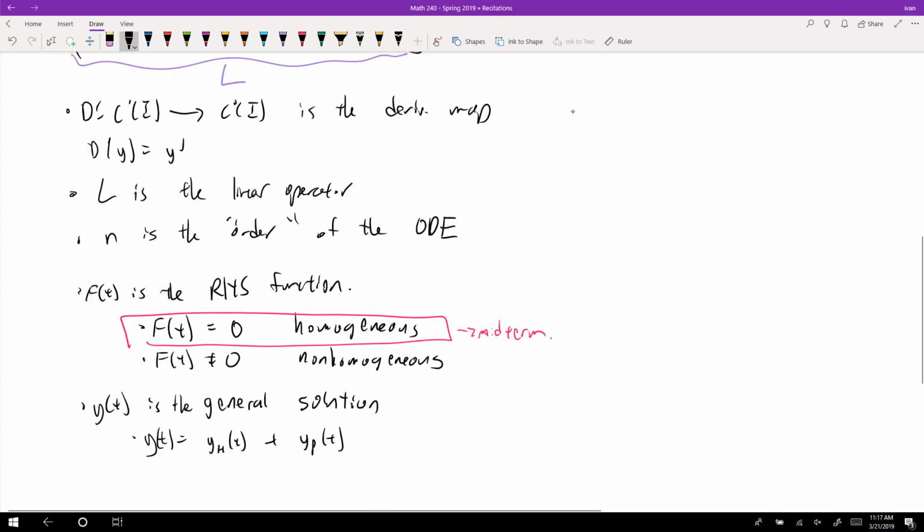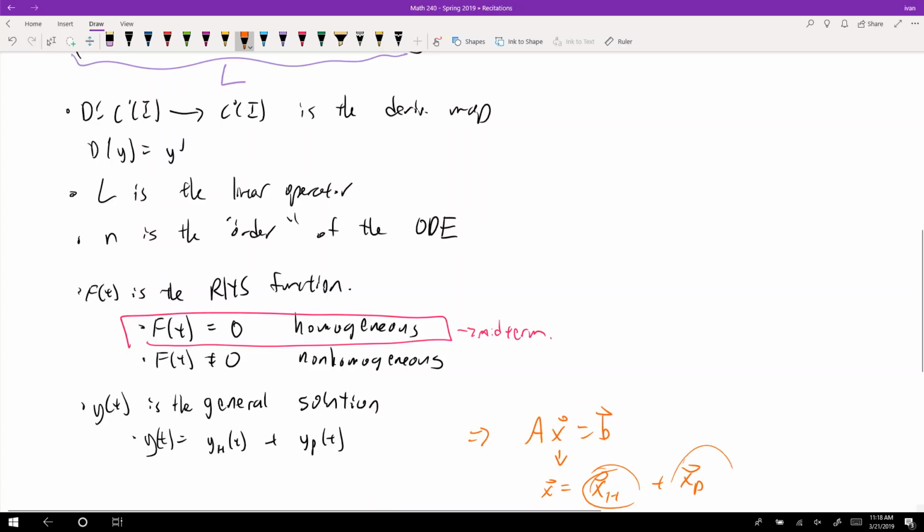This is analogous to Ax equals b, where x is really the solutions. x is equal to the homogeneous x, so any vector in the kernel, plus the particular solution to Ax equals b.